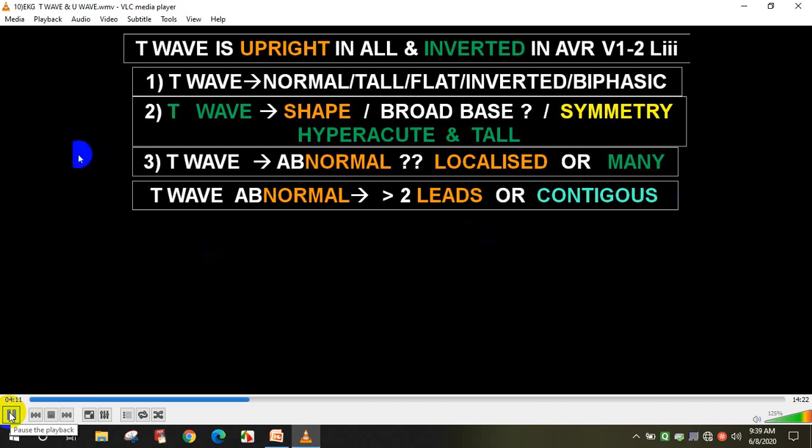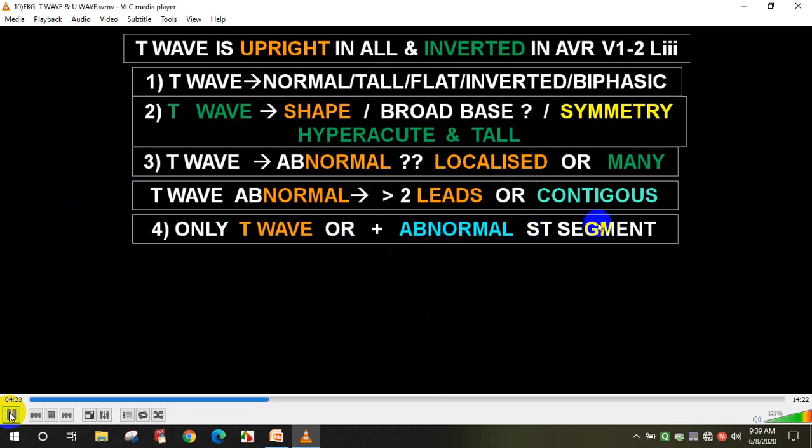These are all considered abnormal, and localized T wave changes are usually ischemic and characteristic of ischemic heart disease, while global may be ischemic or may not be ischemic. We'll be showing you some of those ECGs also.